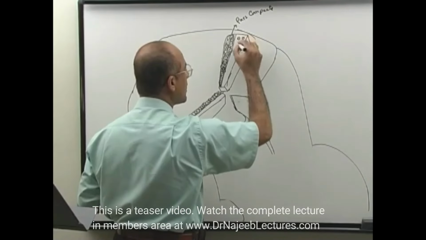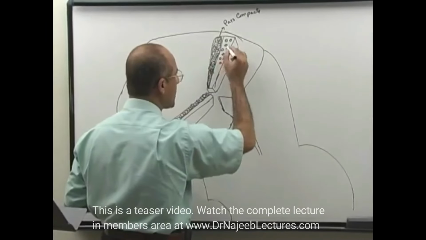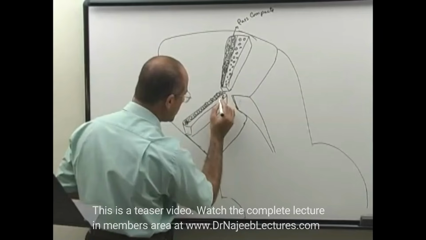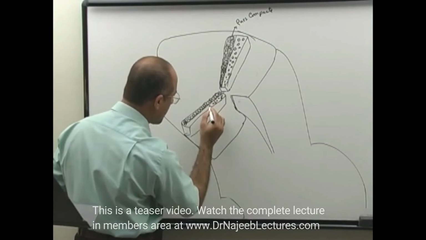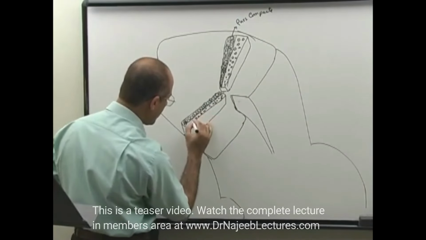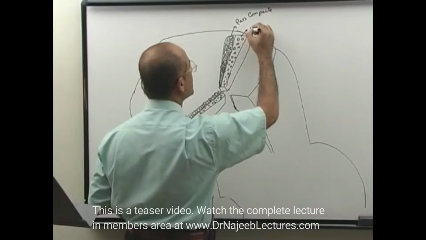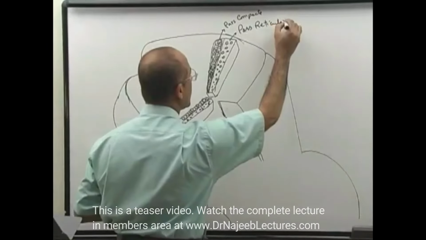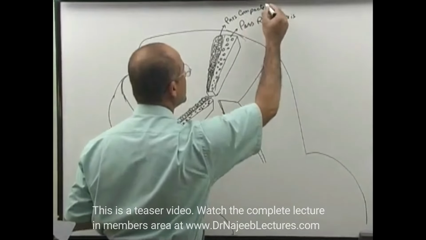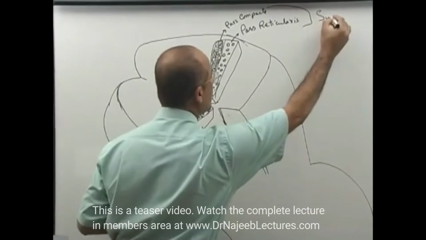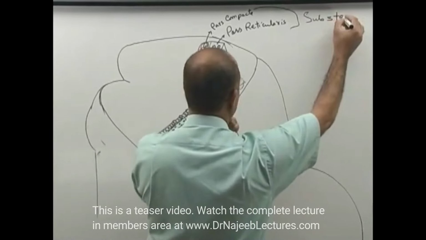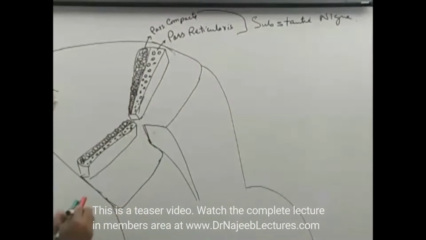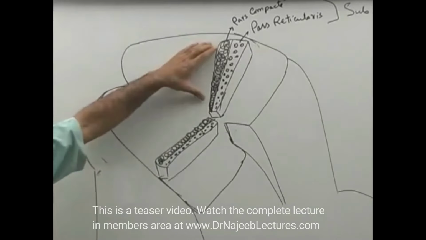And here, this is also black area, but this is part of the substantia nigra, but neurons are not so tightly packed here. So this is called pars reticularis. But both of them together are called substantia nigra.